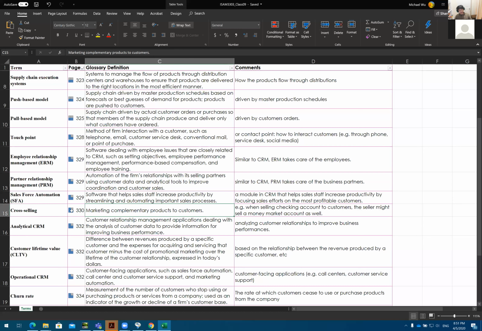Cross-selling, on the other hand, is to market complementary products to customers. So for example, when you go into the bank and you decide to apply for a checking account, the banker may ask you to apply for a complementary money market account due to higher interest.